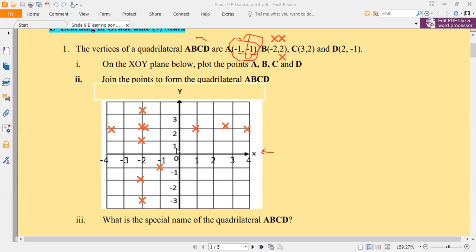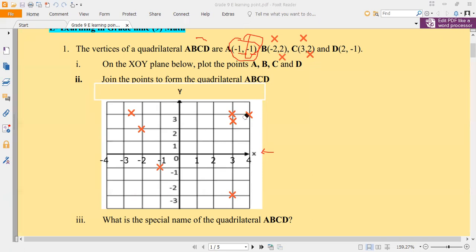That's the point. Okay, so we need to indicate the point where this line lies. -2 comma +2 is right over there. Then the other one is x3, y2. x3 is along this line and y2 is along that line, so they meet there.